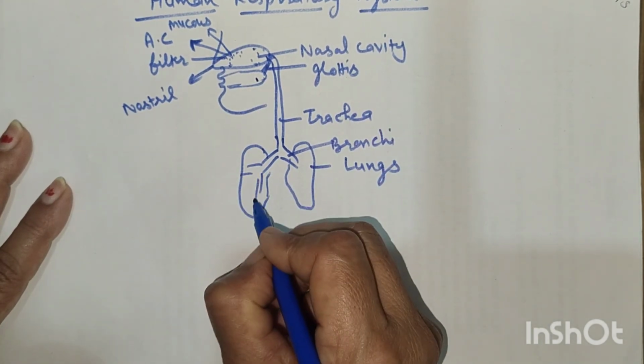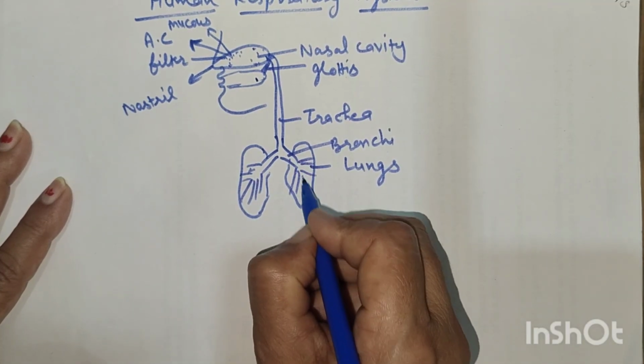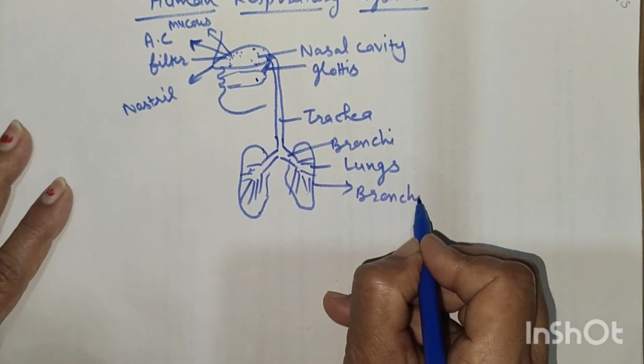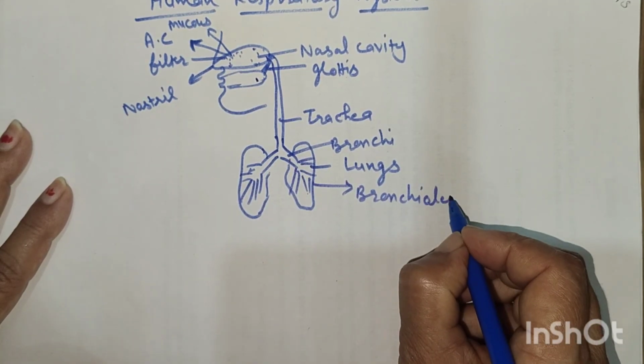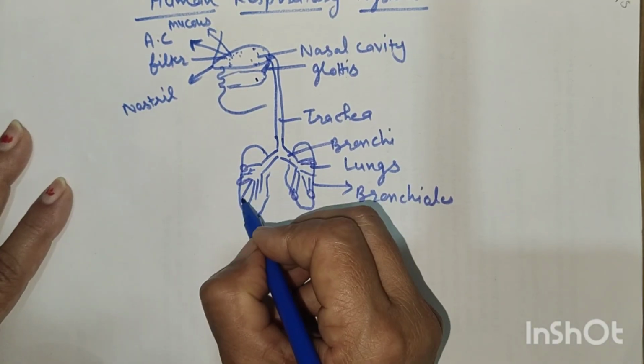These bronchi are further divided into branch structures. These are called bronchioles. These bronchioles end in balloon-like structures.